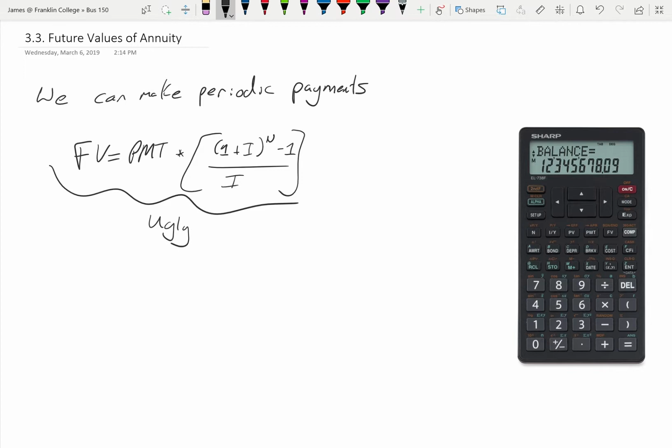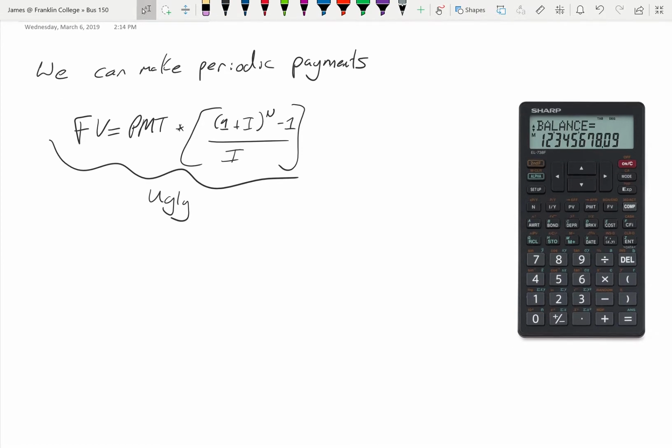So we are not going to be dealing with solving these types of problems algebraically. Rather, we are going to be using the nice features on our financial calculator with solving for these types of annuities. So we are going to be dealing with the future value. FV is still going to be the future value, how much is in the account at the end of all of our payments. PMT equals payments.